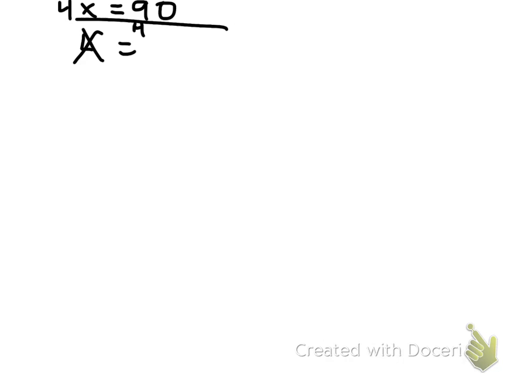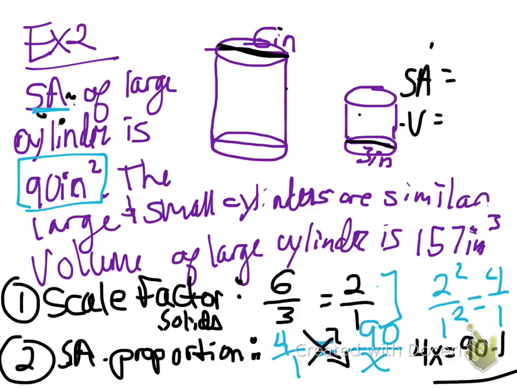I'll divide by 4. So x equals 22.5. And this is inches squared because we're talking about the surface area. So our surface area for the small cylinder is 22.5 inches squared. Let's go ahead and find the volume.